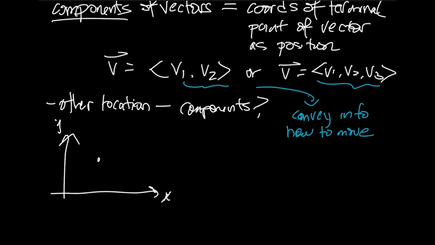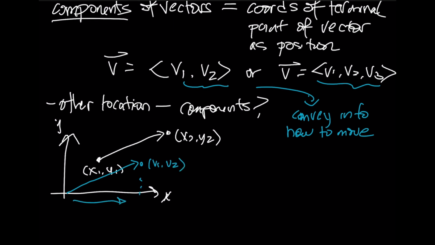If I have a vector that starts at, let's say, x1, y1 and ends at x2, y2, if I had placed this vector as a position vector, what it's going to tell me is that I need to move this way v1 and I need to move this way an amount v2. So the same result has to end up occurring here. Regardless of where I place the vector, it has to give me a v1 and a v2.